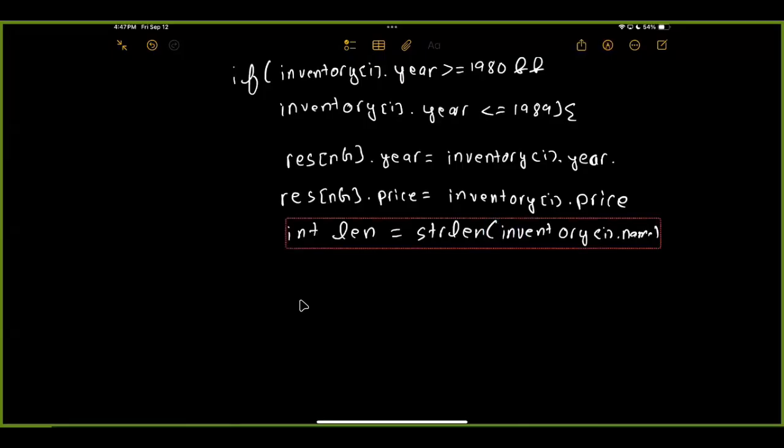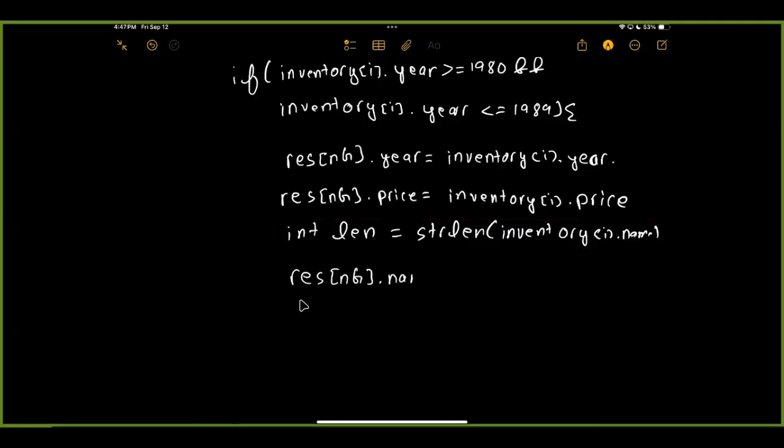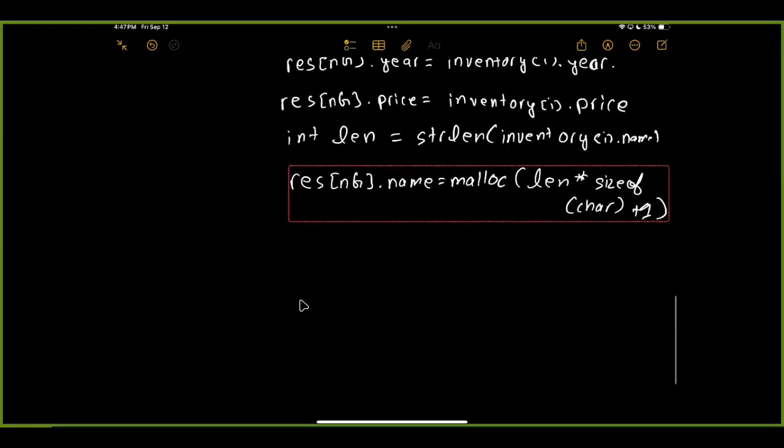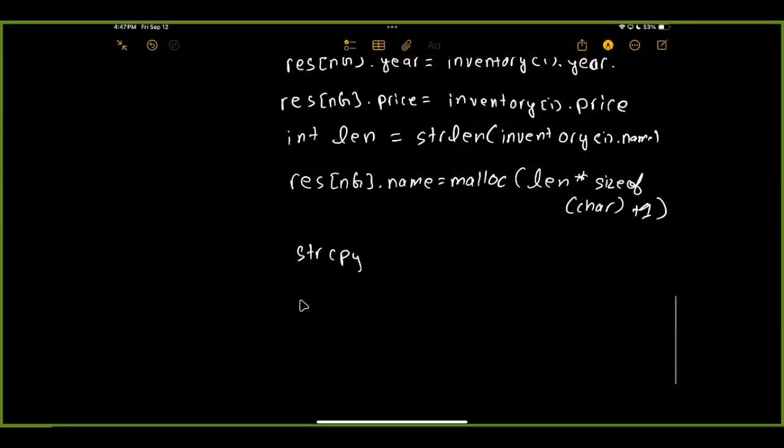Now I'm going to create space for this character array. res ng dot name equals malloc length times size of char plus one. Plus one meaning for the null terminator, right? Once I've done that, I'm going to copy it using the string copy function, strcpy, res ng dot name from inventory at the ith position dot name.